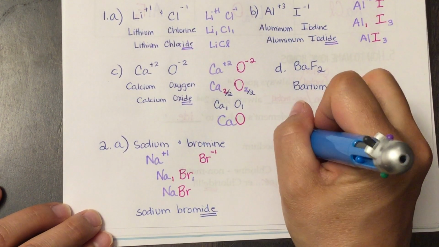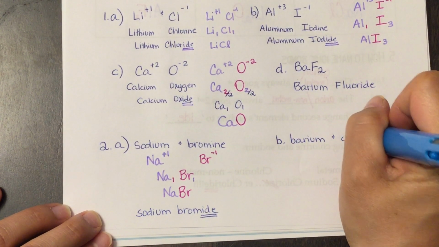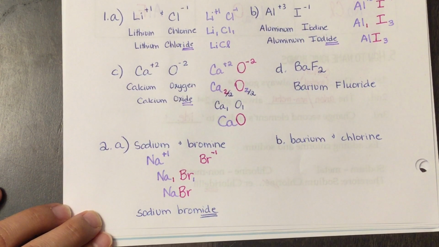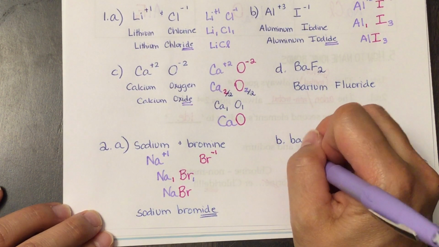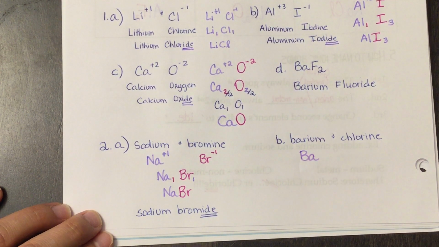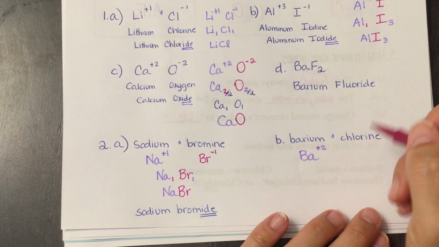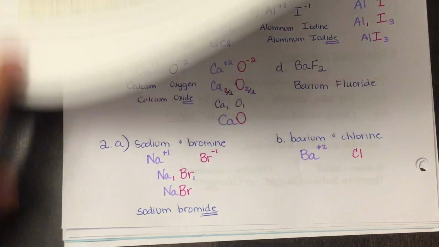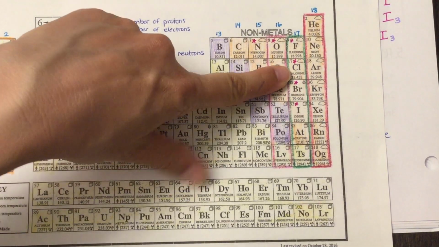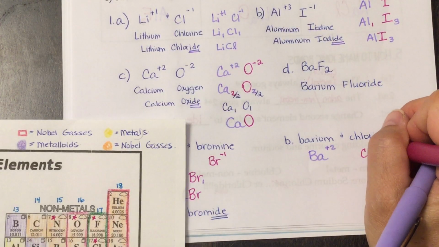2B, we have barium and chlorine. Okay, what's the symbol for barium? Okay, that's Ba. What's the charge for barium? +2. Chlorine is Cl. Okay, and what's the charge for chlorine? Okay, -1.